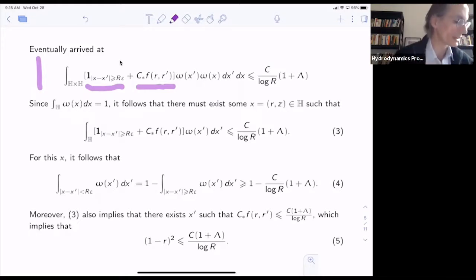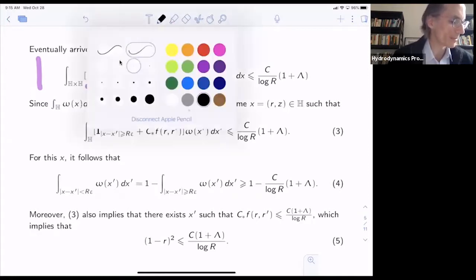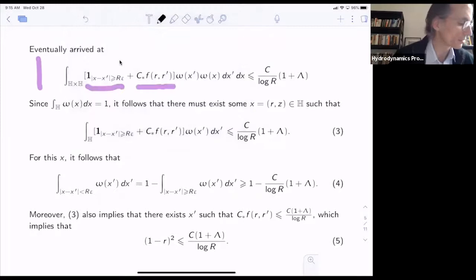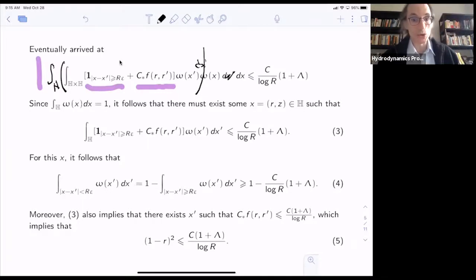Okay, and so then quickly, looking at this inequality, we can think of this as, let's write it as the integral of h and then a dx prime. So I know the integral of omega dx is equal to 1, and so I look at the inner things as a function of omega.